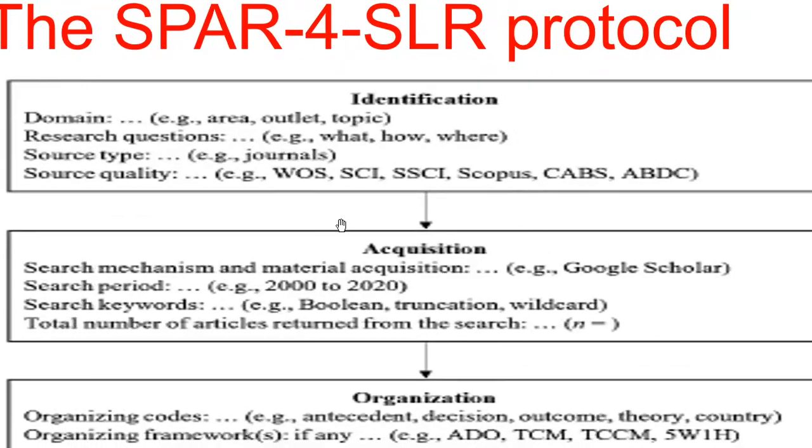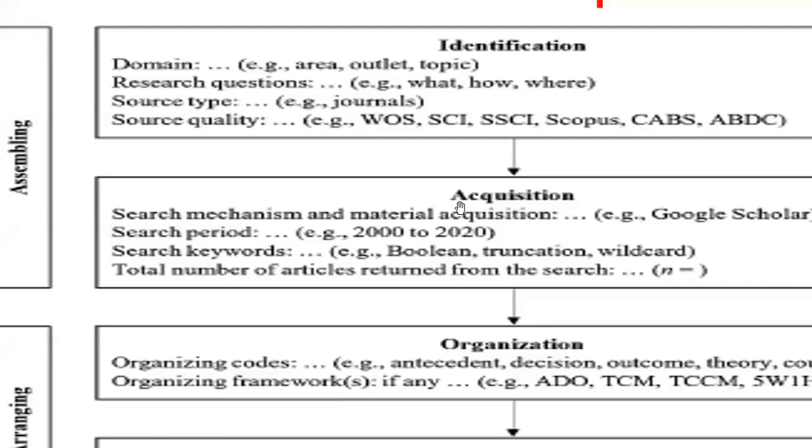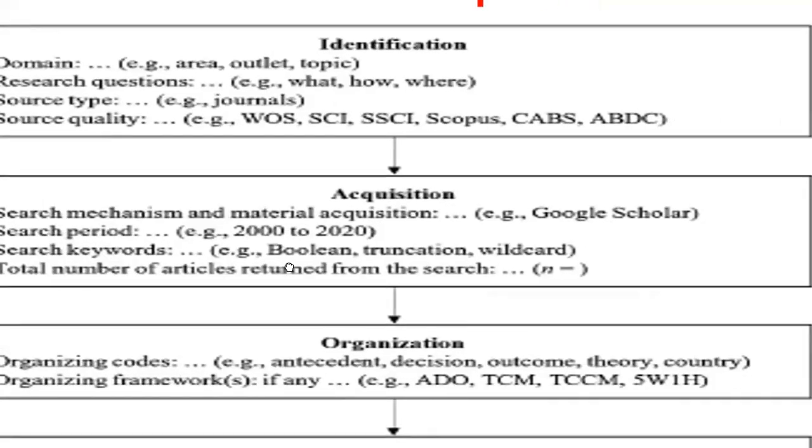Is it from Web of Science? This is one of the biggest search engines. I mean, publishers. Is it Scopus or ABDC list of journals, etc. All these. Then acquisition, the search mechanism and material acquisition.